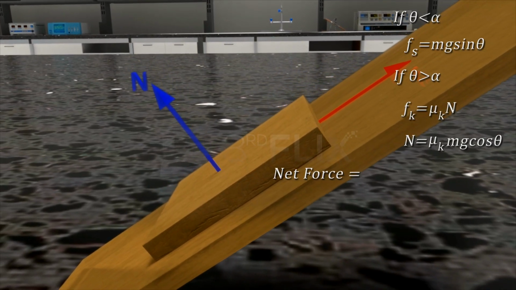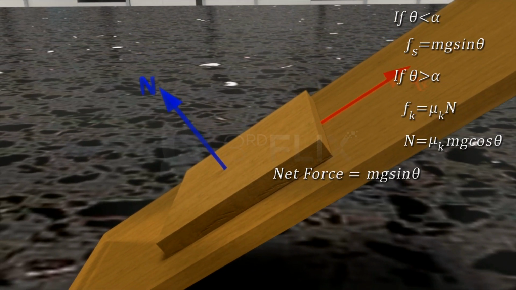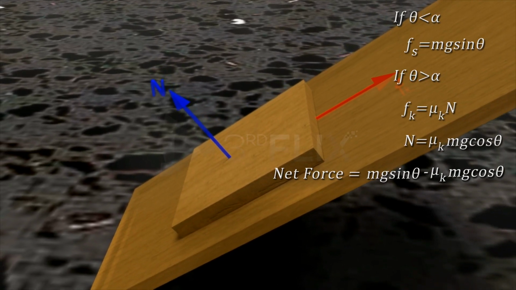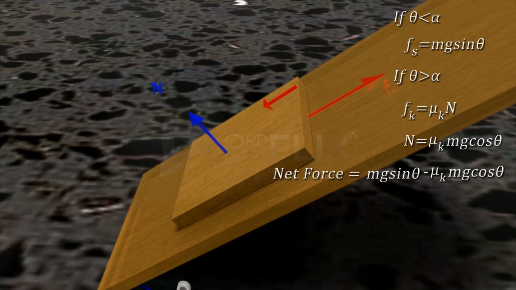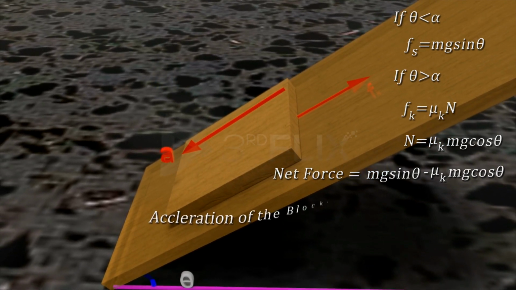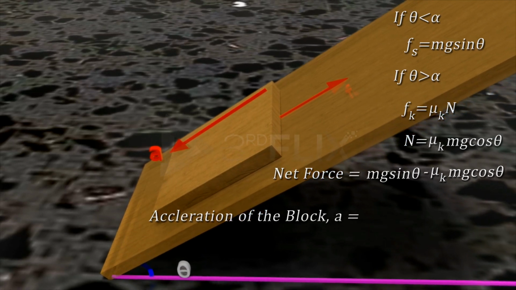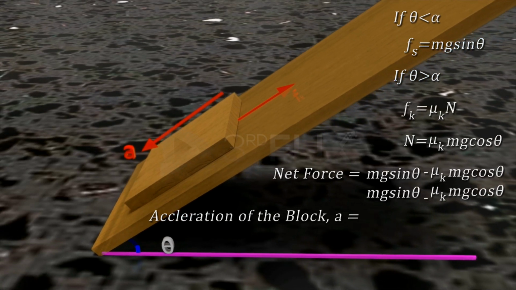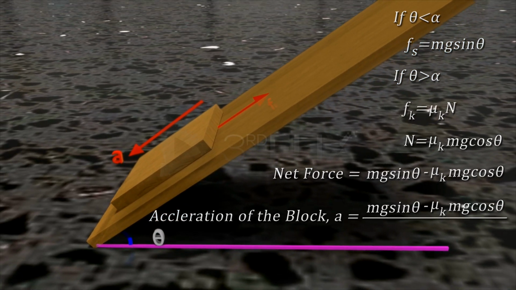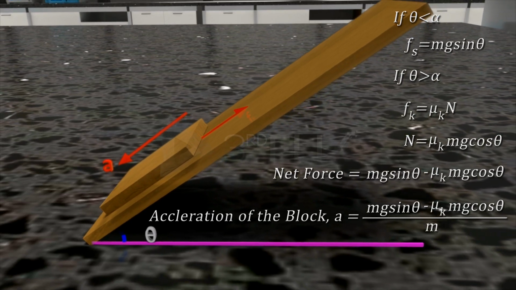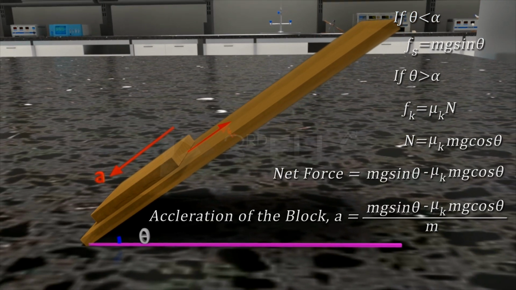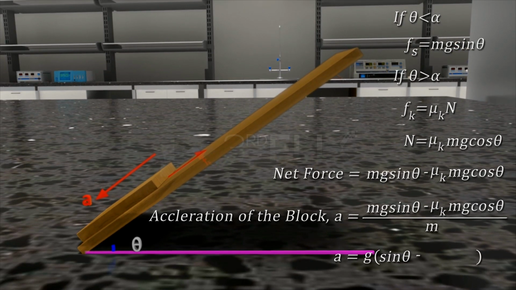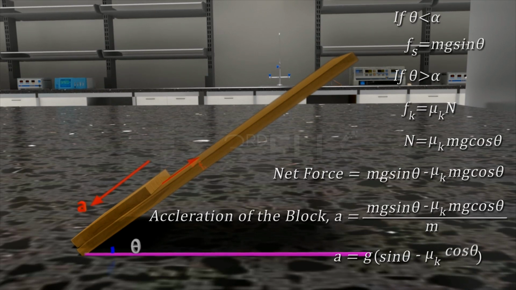Resultant force on the block is mg sin theta minus μk mg cos theta down the inclined plane. Acceleration of the block down the inclined plane is equal to net force divided by the mass of the block, which gives a equals g sin theta minus μk cos theta.